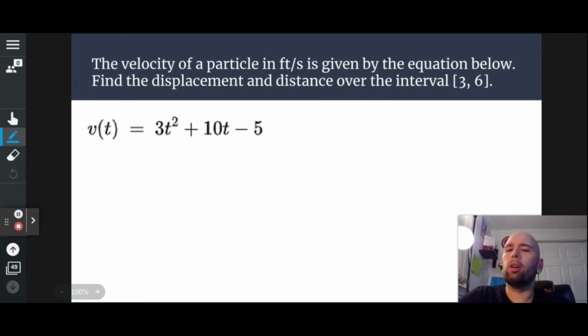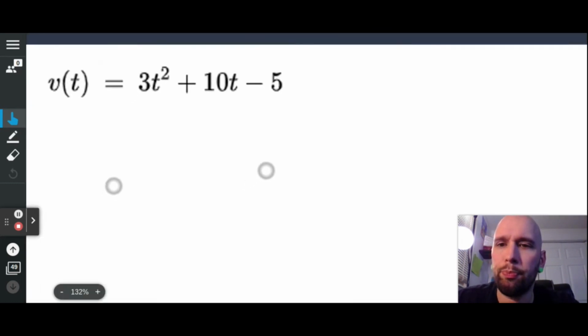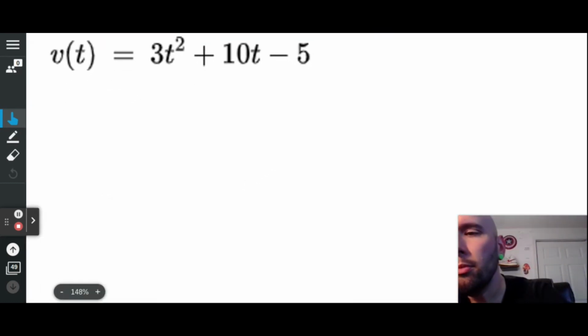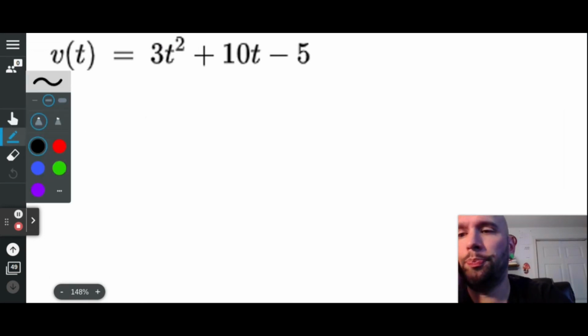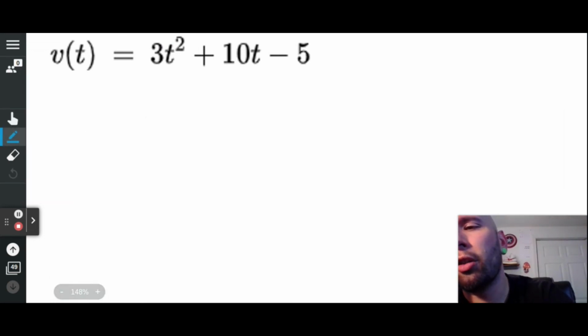All right, there's our velocity. I care about what's going on between 3 and 6. I want displacement and distance, and it's feet per second. All right. So let's start out with displacement.